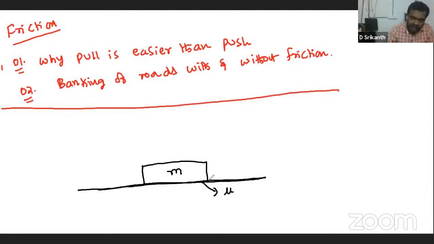I am pulling with a force F at an angle theta with respect to the surface.